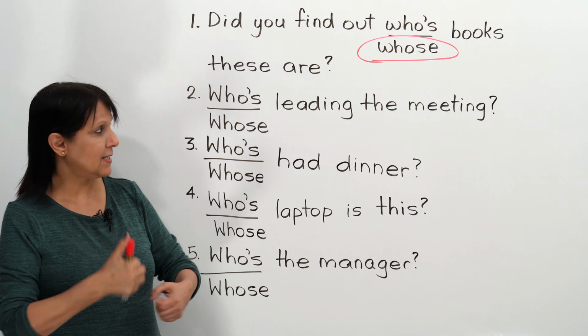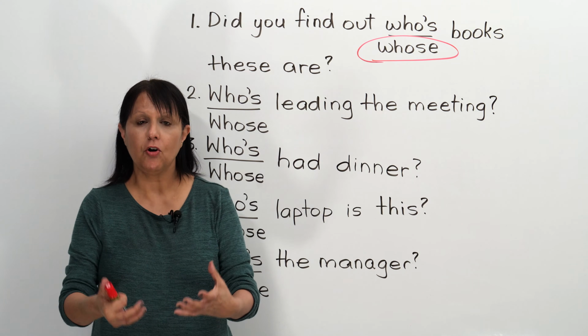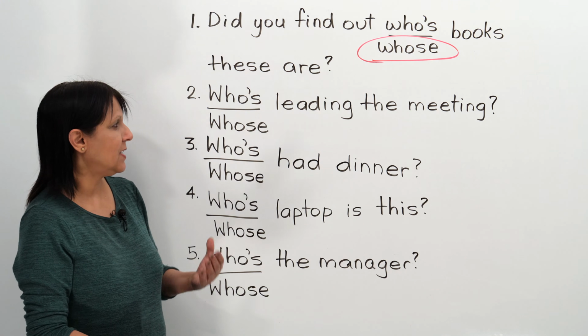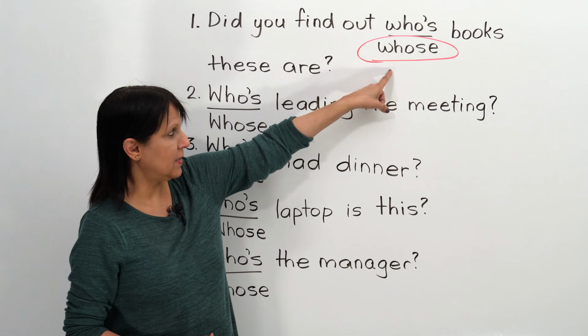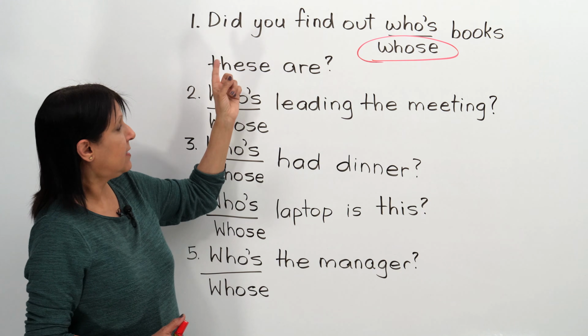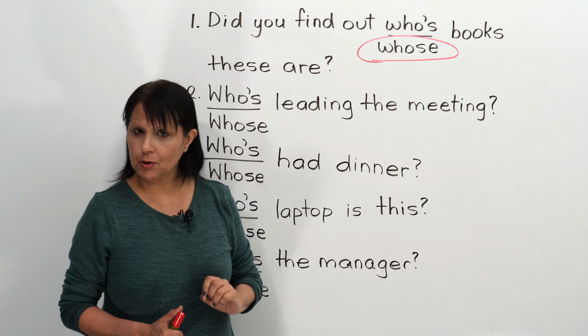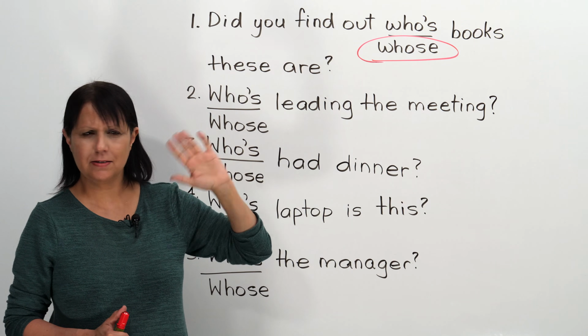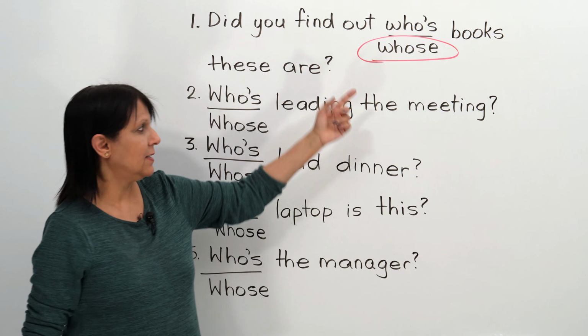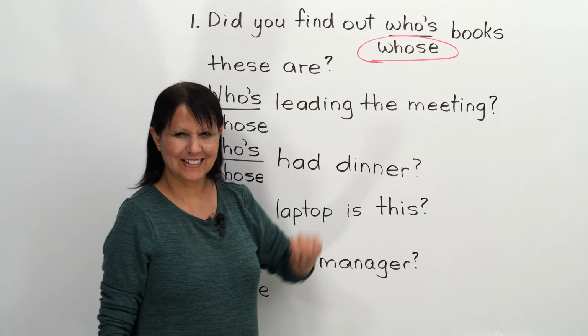Okay? So you're asking kind of who do these books belong to, right? So we're saying whose books are these? We need this one. We're not trying to say, did you find out who is books? No. See, if you're not sure, try out. Is it who is? Is it who has? No? If that makes no sense, then it's this one, okay?